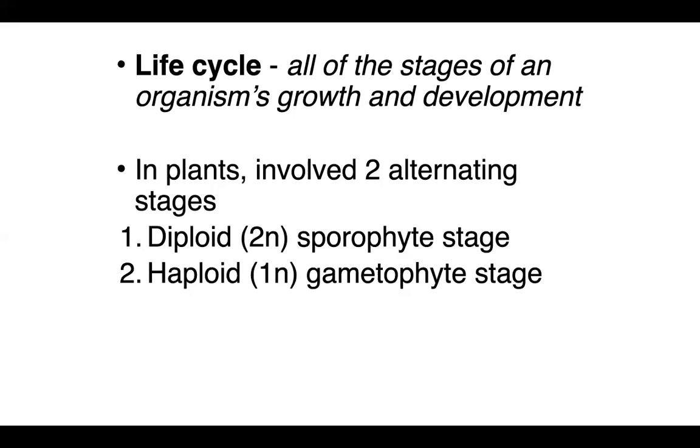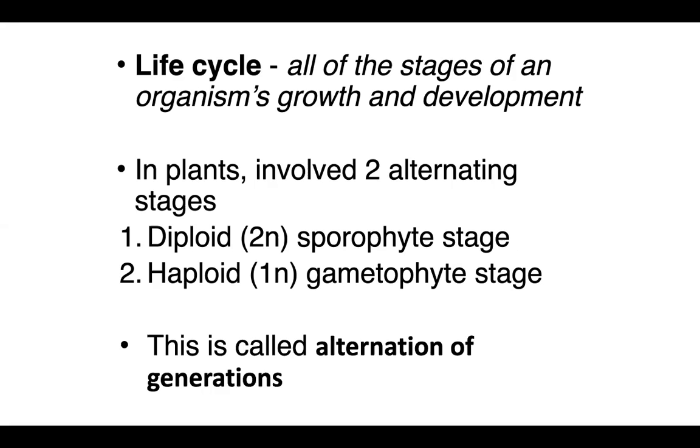It just happens to be that in one life of a plant, they will have a sporophyte stage and a gametophyte stage. Now, depending on the kind of plant, one of those 2 stages will be the dominant stage in the life of that plant. That'll be part of what we go over as well.